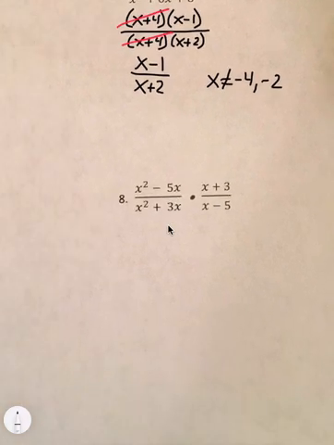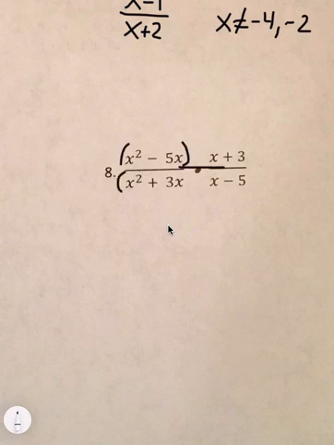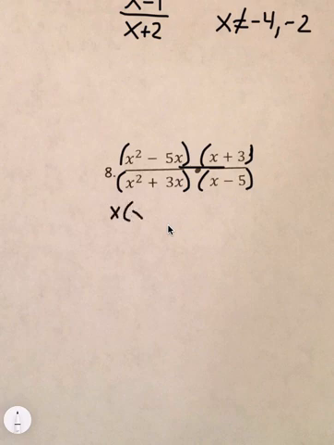All right, and then number 8, this one is a multiplication problem. Don't freak out. This is all you do. Continue drawing the line and just put parentheses around everything. That's how you make it simple. So now I'm factoring x squared minus 5x. That's x times x minus 5, and then I still am multiplying by x plus 3.